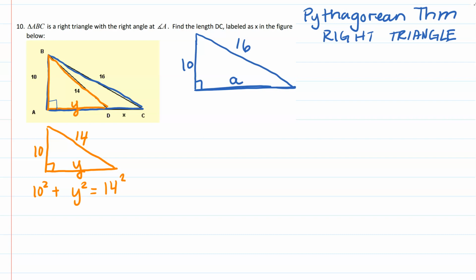So be really careful there. 10 squared is 100 plus y squared is equal to 196, minus 100 from both sides. y squared is equal to 96. To undo the square, we take the square root of both sides. So y is approximately, I have to use my calculator.